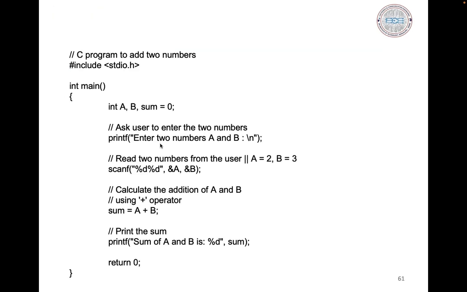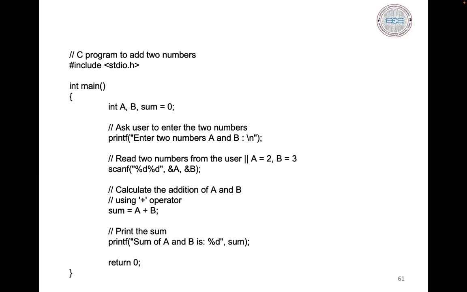So we have a C program to add two numbers. #include <stdio.h>. There are three variables here, int a, b and sum. Printf enter two numbers a and b. Read two numbers from the user: scanf %d %d &a &b.